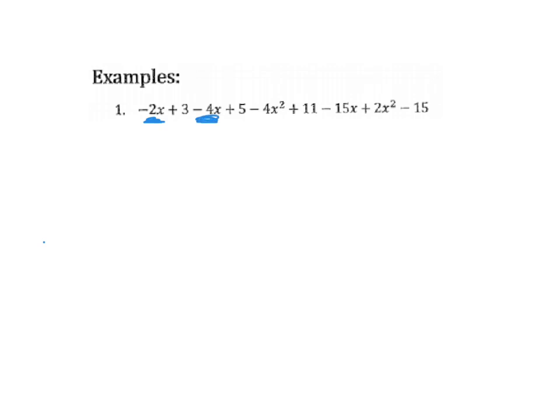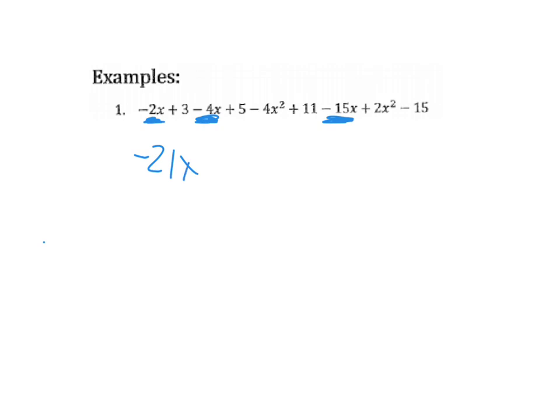So there's a negative 4x and a negative 15x, and that would be it. So I'm going to combine these. Negative 2 minus 4 will give me negative 6. And then negative 6 minus 15 will give me negative 21. I'm going to put the x there.